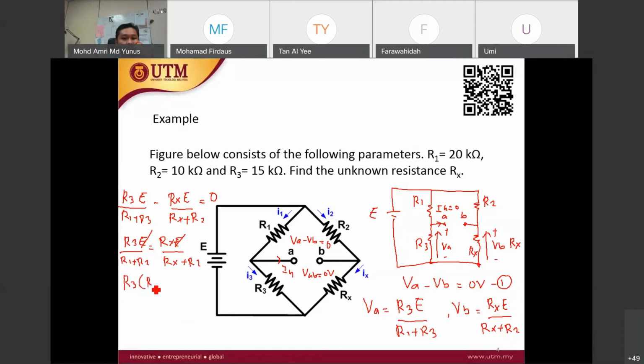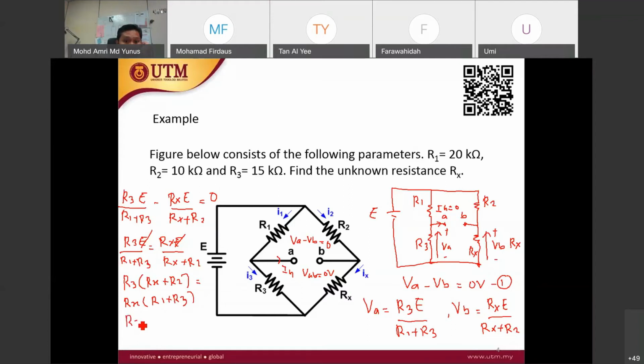This one Rx R2 equivalent to Rx, R1 plus R3. Yes, okay.